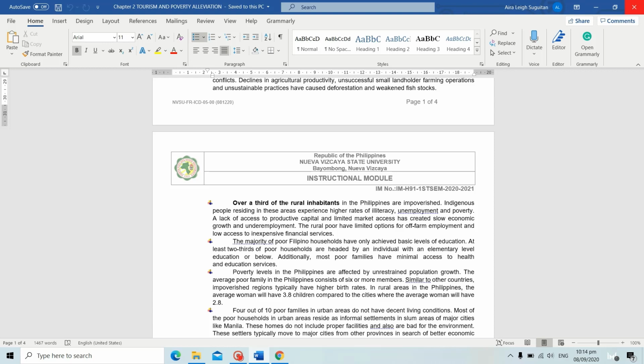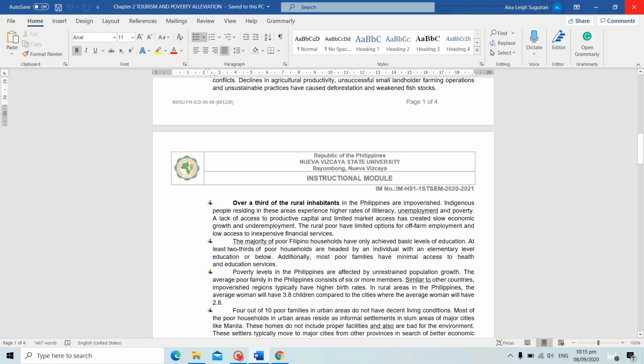So another fact would be poverty fact. The majority of poor Filipino households have only achieved basic levels of education. At least 2/3 of poor households are headed by an individual with an elementary level education or worse, below. Additionally, most poor families have minimal access to health and education services. Maybe one of the reasons is lack of facilities.